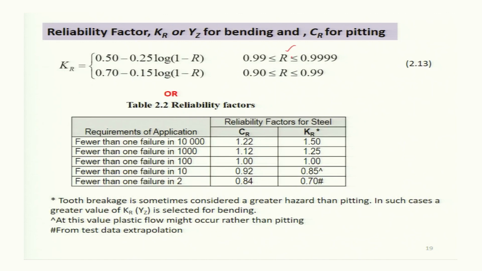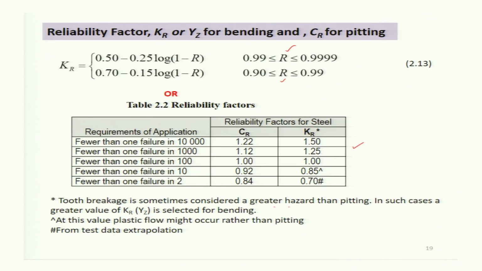Knowing the reliability for which you want to design your gear, you will use a particular formula to get the value of Kr, or you can use this table also, and in this table one should be careful, because here the Kr is the reliability factor for bending, and this is the Cr reliability factor for the surface fatigue. For the case of Kr applicable for bending, the tooth breakage is sometimes considered a greater hazard than pitting.